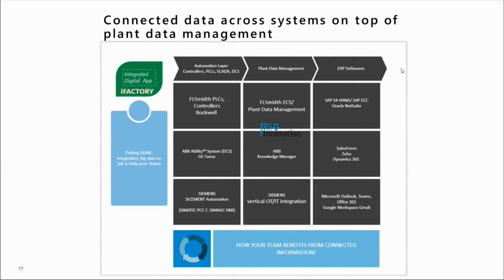Now, in this combination, today's cement industry has been functioning for the past 15-20 years. The middle layer, plant data management, is still one layer on top of automation systems. It has a bit more information and analytics, but is still very much restricted to the domain of automation layers.